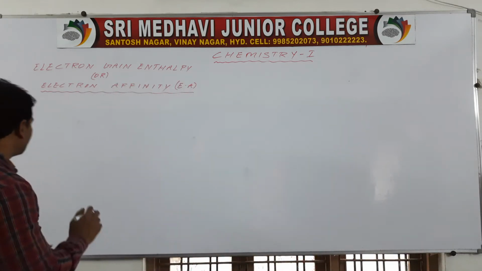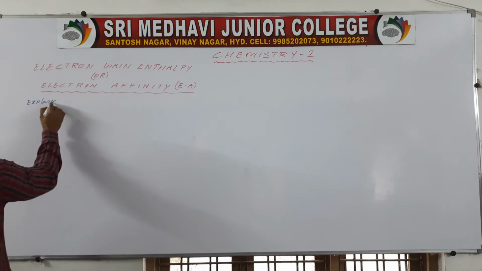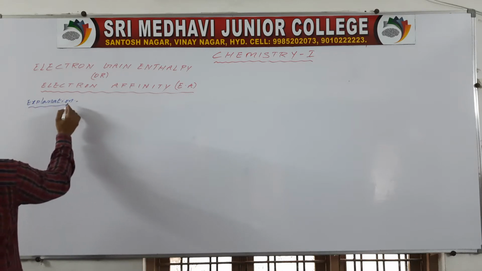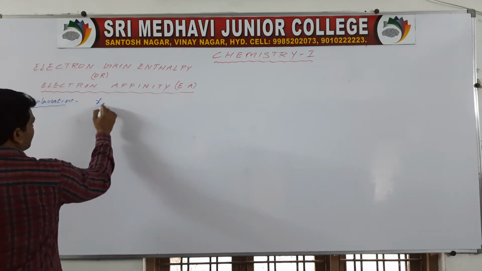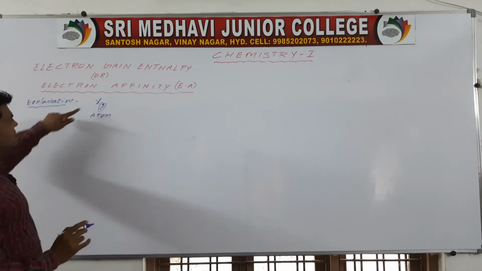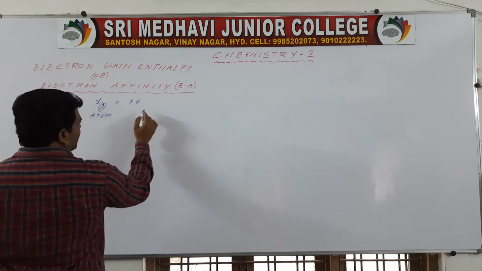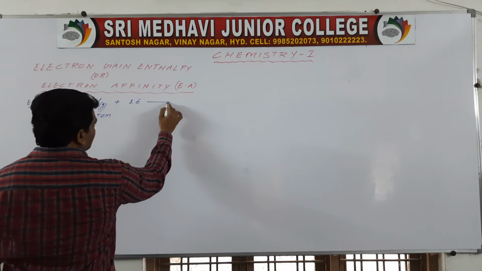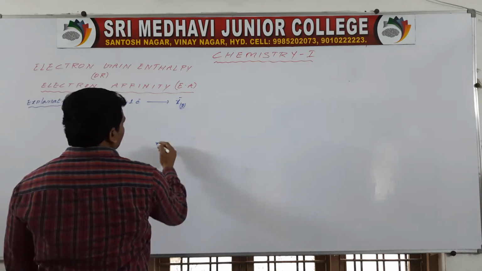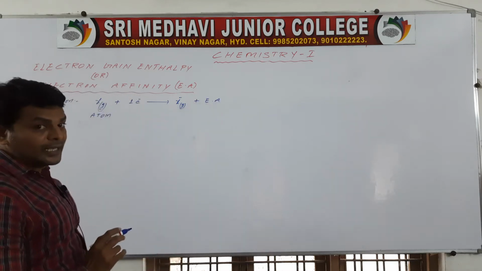So here I am taking an explanation. Here X is an atom which is in the gaseous state. Adding one electron, what happens? It is converted into X minus in the gaseous state. Here some amount of energy is released.